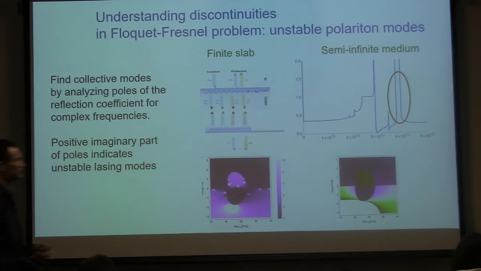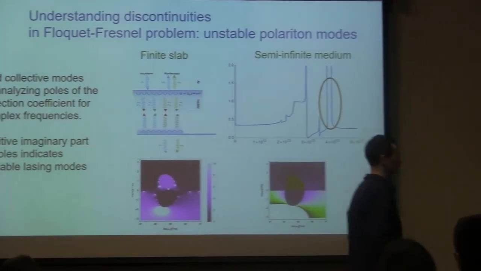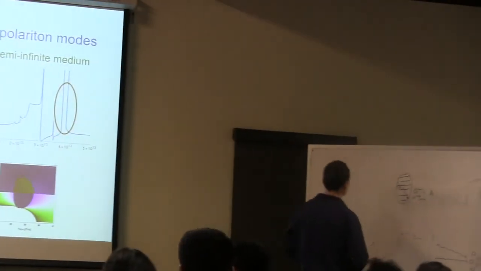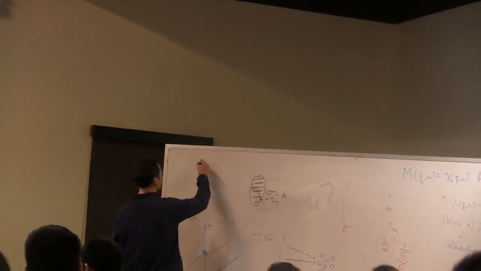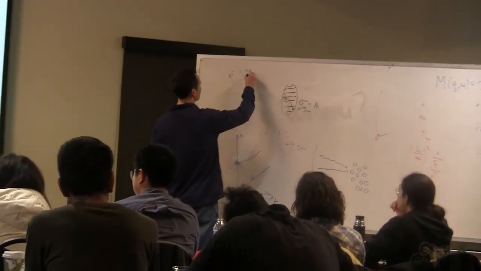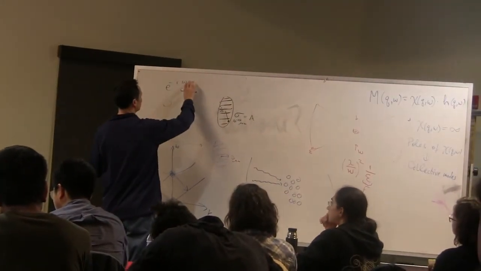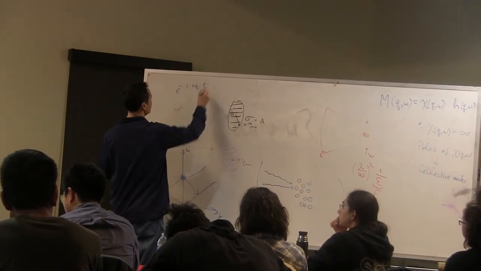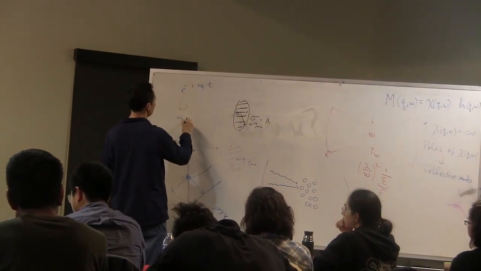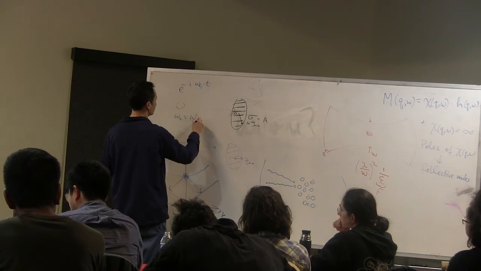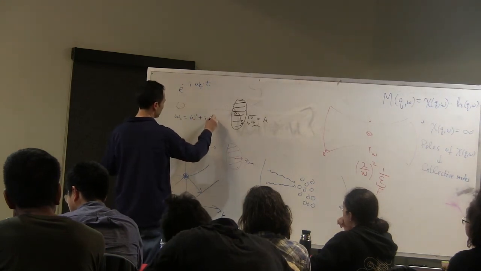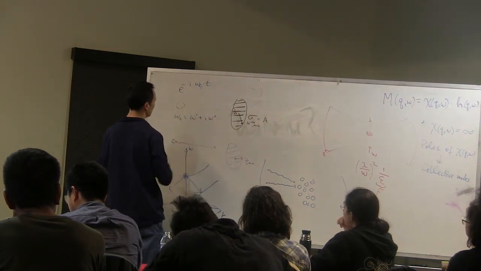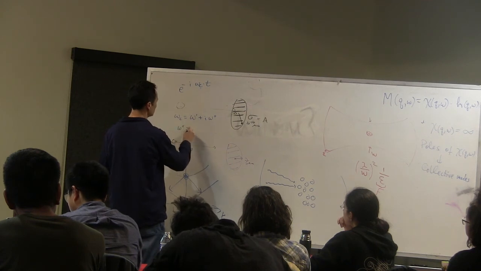Of course, what this means is that if we look at a collective mode, something like e to the minus i omega t, the collective mode now has a frequency with real part omega prime plus i omega double prime, and omega double prime is positive.